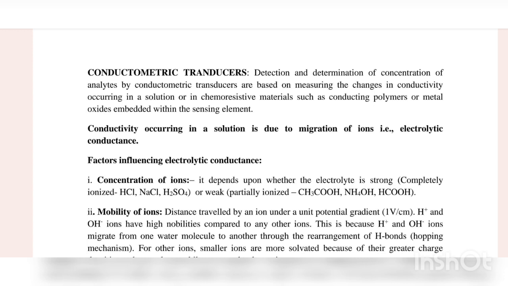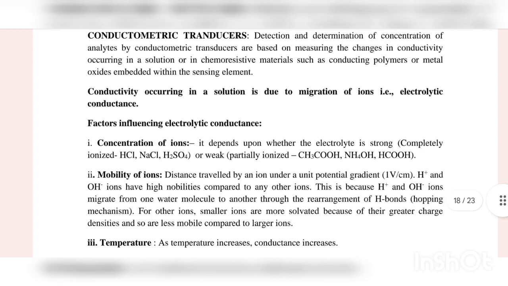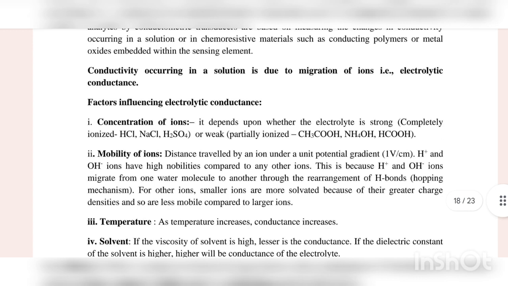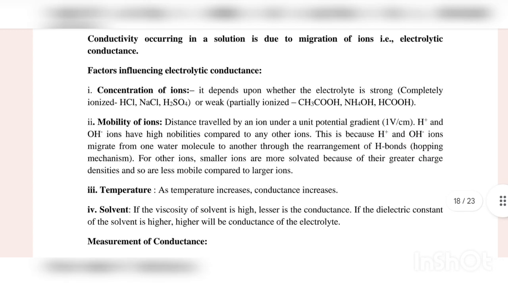Then you already know that conductivity occurring in a solution is due to the migration of ions. That is, the conductivity is mainly by electrolytic conductance. Then what are the factors influencing this electrolytic conductance? These factors also you already studied in your practical classes. So the first factor which affects the electrolytic conductance is concentration of ions.